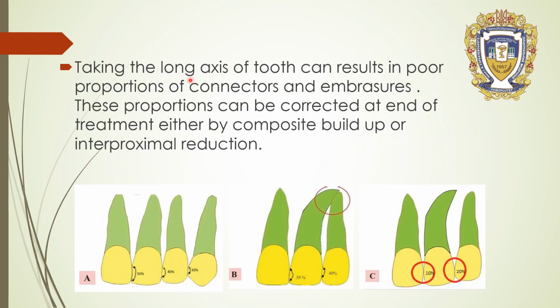Taking the long axis of tooth can result in poor proportions of connectors and embrasures. These proportions can be corrected at end of treatment either by composite buildup or interproximal reduction.